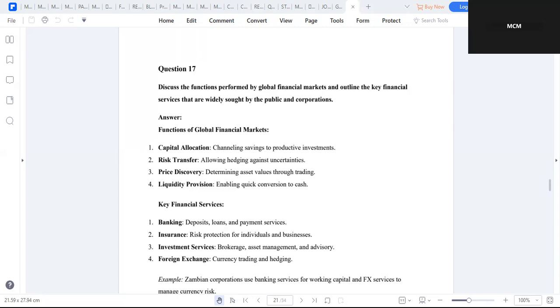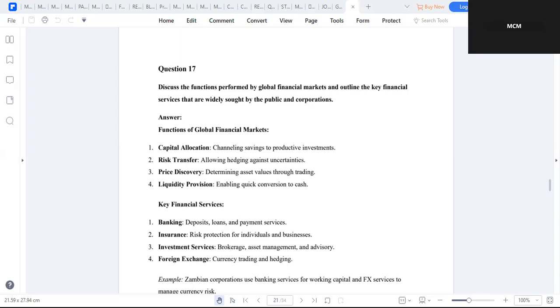Uncertainties. So risk management. Price discovery is another function of these global financial markets, in that through these forces of demand and supply they help determine a fair price of these instruments, like the bonds and the stocks. So it's there for price discovery. So prices in these markets will reflect what? The available information.